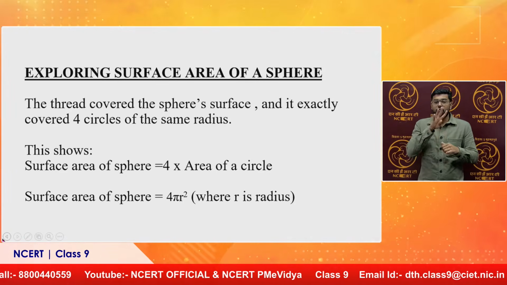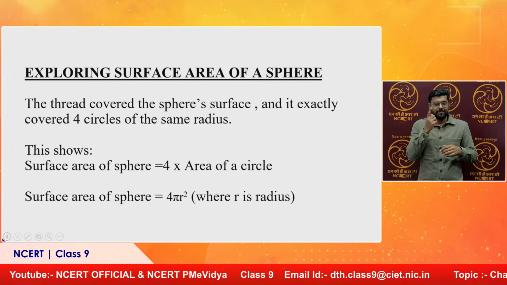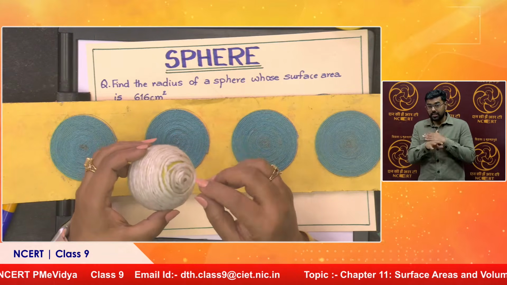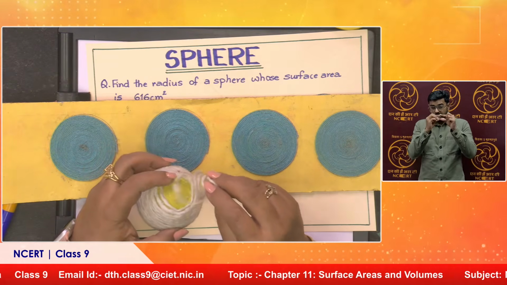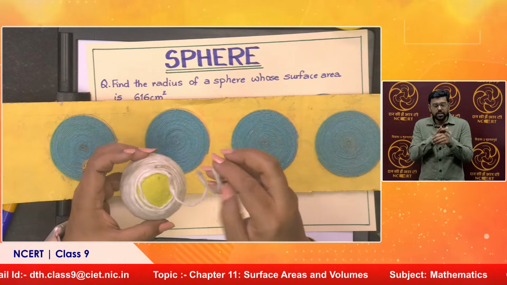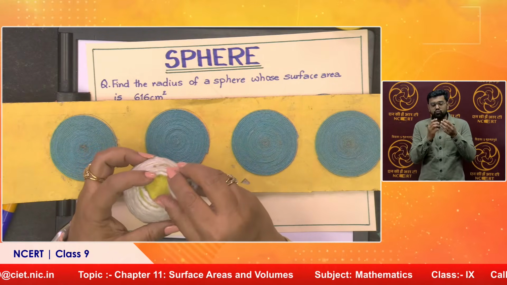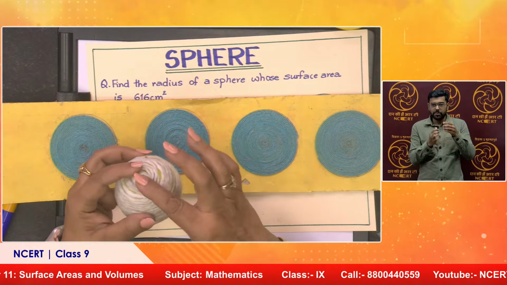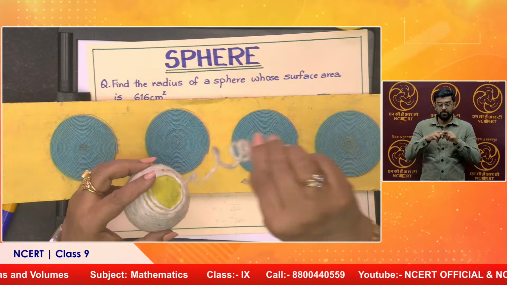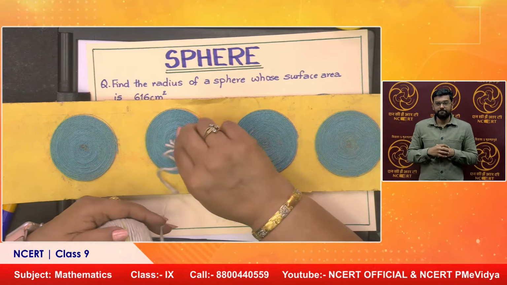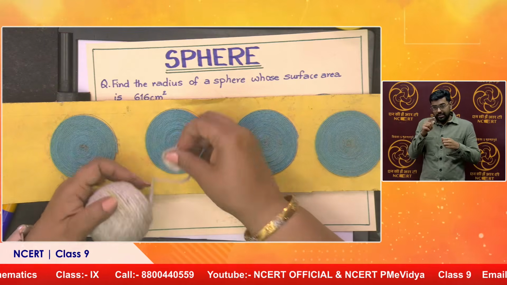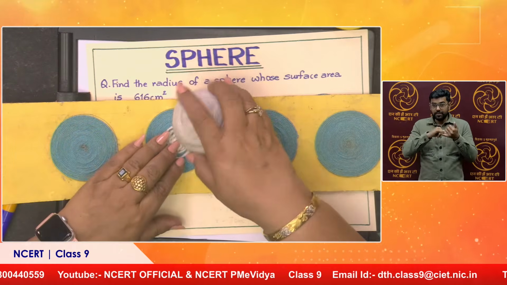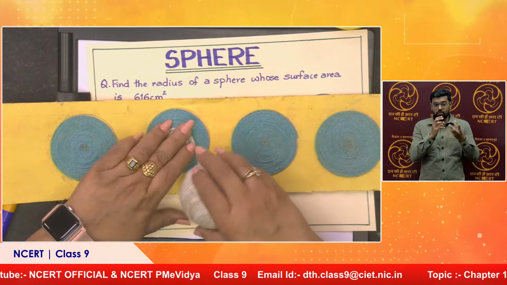And this, Tanvi, is a special ball I have brought for the children with special needs. I have used a little thick wool so that it becomes easy for them, and to show them how the thread is fixed on this ball with the help of some glue, Fevicol or something. When I remove this and try to fix it on the circles, this way you can easily verify that the surface area of the sphere is 4 times pi r square.